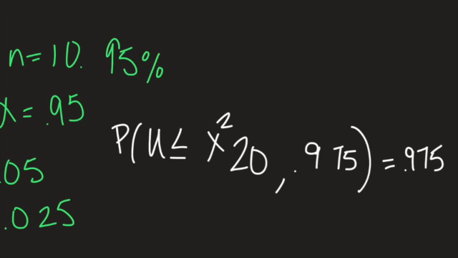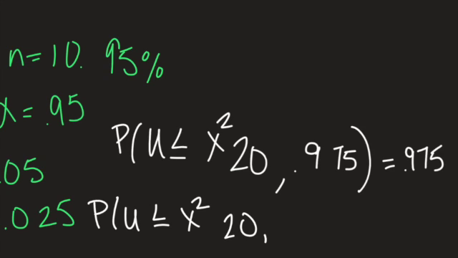So I get 0.975. Similarly, that's how I get this 20 here, is from the 2n. 2 times 10 is 20. And I have my alpha over 2 here, which is 0.025.